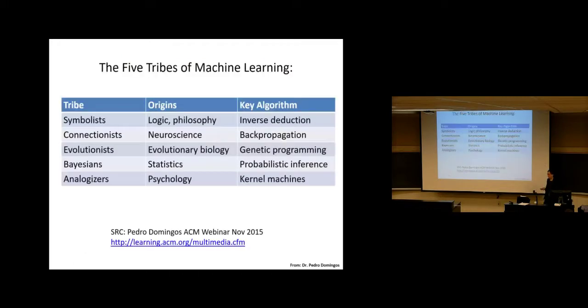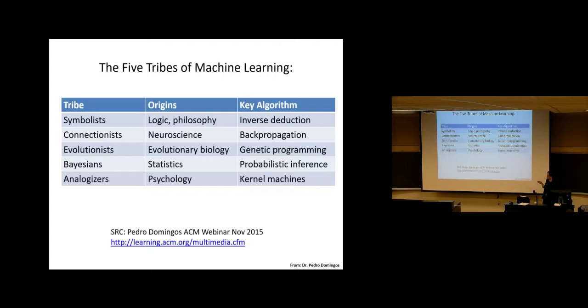to connect knowledge or methods. Okay, so the symbolists' origin is actually from philosophy, from logic reasoning, and predicates or Boolean logic. There are many different kinds of logic theorems, and they use logic theorems to represent the world. The connectionists use ideas from neuroscience, and their main algorithm is backprop. The evolutionists got their idea from evolutionary biology, and the main method is called genetic programming.